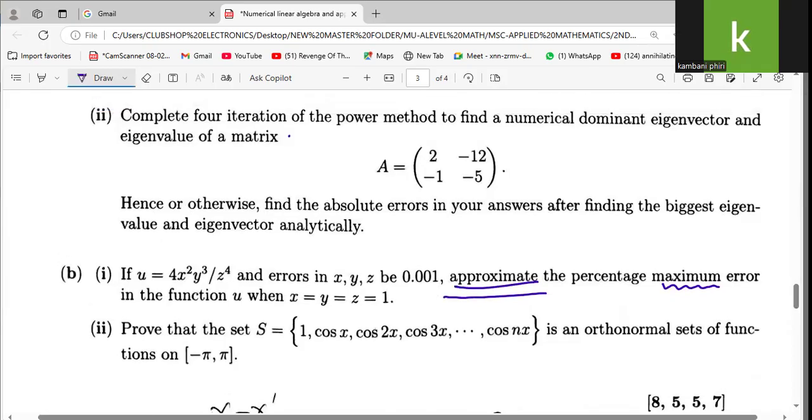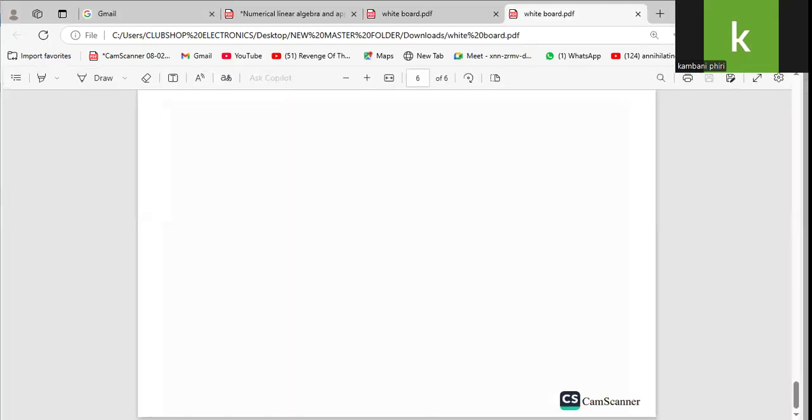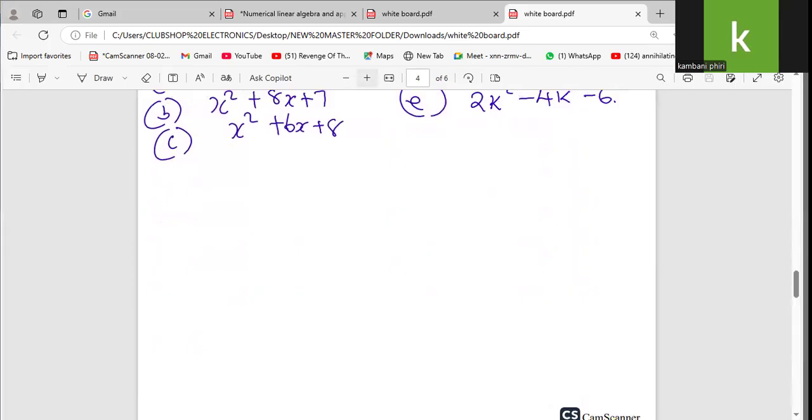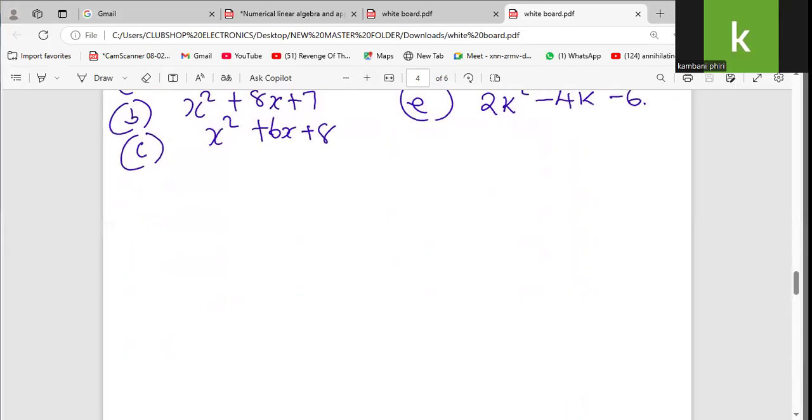That's what we want to do. So how best do we handle that? Let me bring my board.